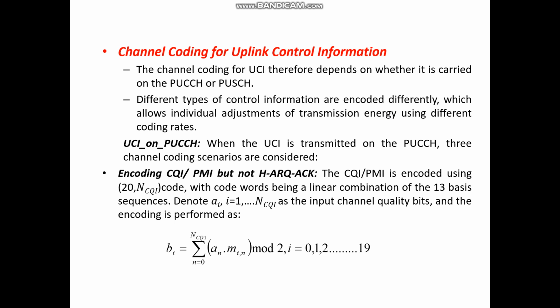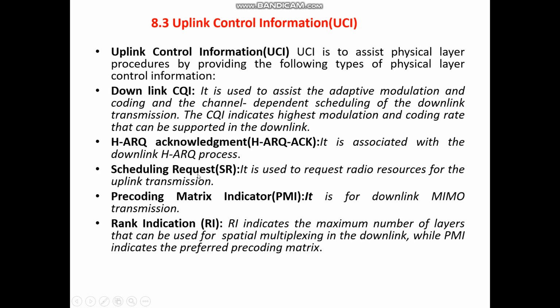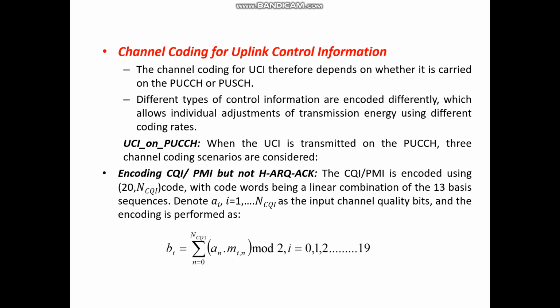First one is encoding CQI or PMI, but not HARQ acknowledgement. That is, we are encoding the channel quality indicator and precoding matrix indicator, but not the HARQ acknowledgement control information.